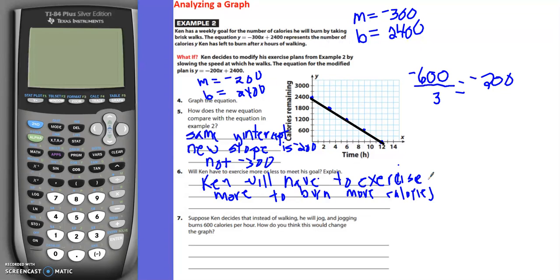Okay, suppose Ken decides that instead of walking, he will jog, and jogging burns 600 calories per hour. How do you think this will change the graph? This will change the graph by making the graph steeper. Well, the y-intercept will not change.